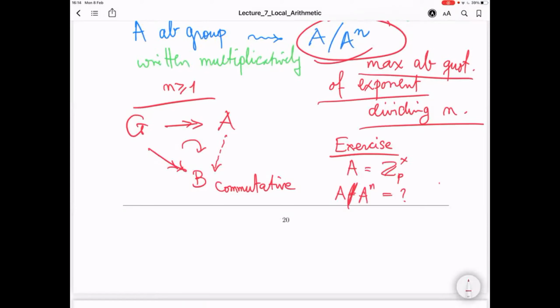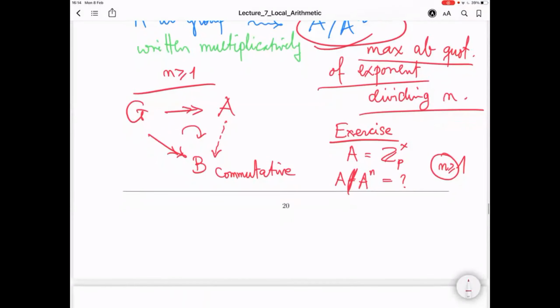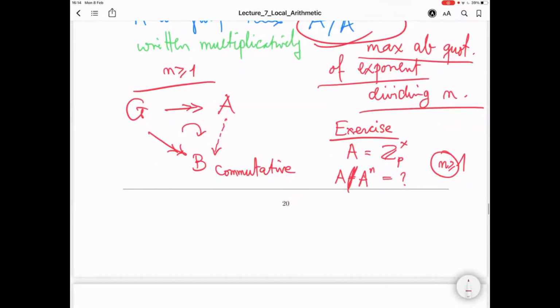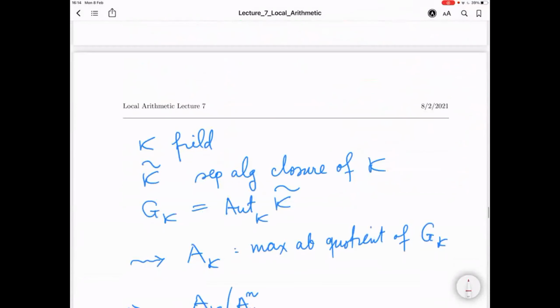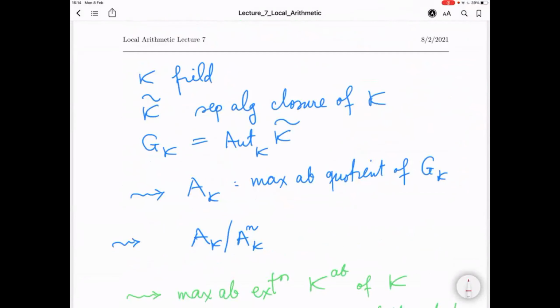You have to consider various n's, right? n is some integer greater than 1, and you have to find out what A modulo A to the n is. A is this group Zp star.